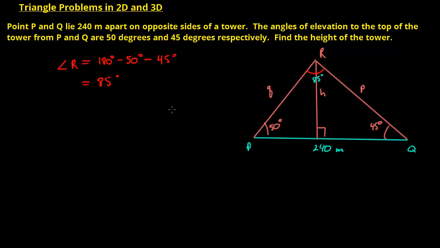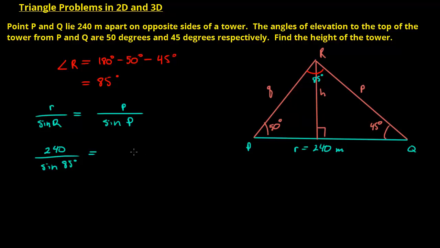Now, we know that side R, which is 240 meters, divided by sine of R is equal to side P divided by the sine of angle P. R is 240 meters, so I have 240 divided by sine of 85, because angle R is 85 degrees.